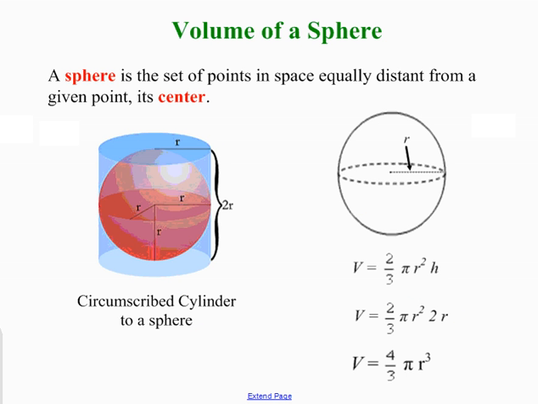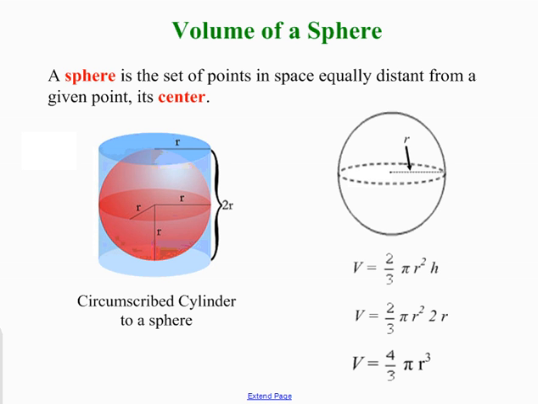Next, we're going to take a look at the volume of a sphere. A sphere is the set of points in space equally distant from a given point, its center. So this definition sounds very much like the definition of a circle. However, the definition of a circle is the set of points in a plane equally distant from a given point.